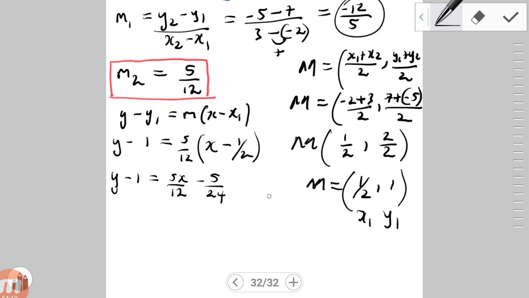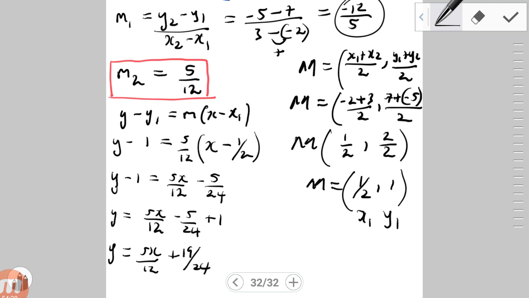Okay, transpose the 1 here, we end up with y is equal to 5x over 12 minus 5 over 24 plus 1, transposition. And of course we can simply work this out. y is equal to 5x over 12. When we work this out, you're going to find here that the answer is actually 19 over 24.